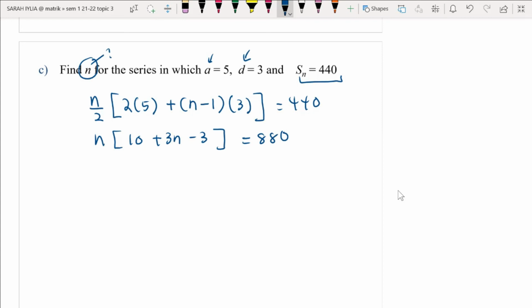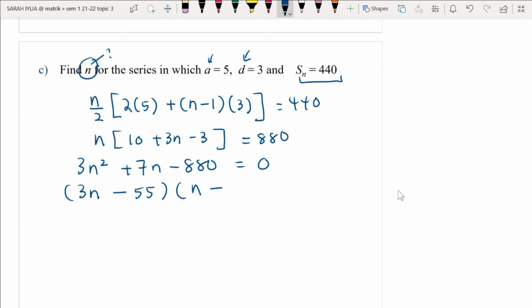And then, lagi sekali bukalah segala bracket. We will get quadratic equation. So, bila dapat quadratic, nak cari, for sure you have to use factorization method. So, here we have 3n. Awak tekanlah calculator minus 55. And then, kita akan dapat lagi satu n minus 16 equal to 0.